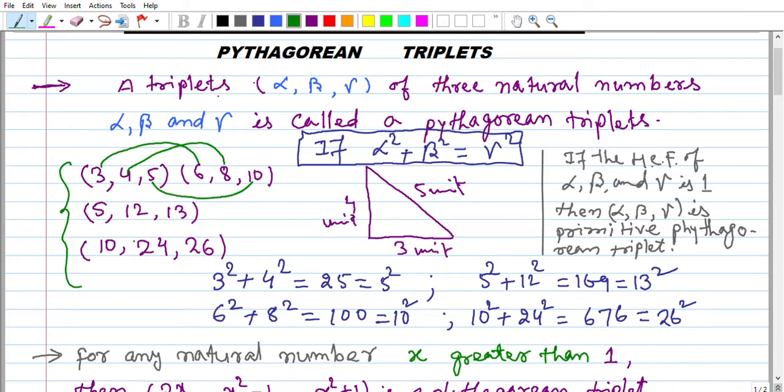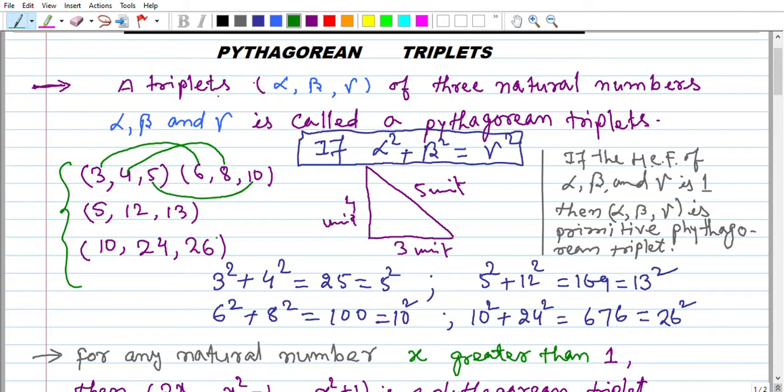If one member is 6, you can easily find the next. Next triplet I have taken 5, 12, 13. You can arrange it in your mind: 5 as base, 12 as perpendicular, 13 as hypotenuse. Here I have also taken 10, 24, 26.